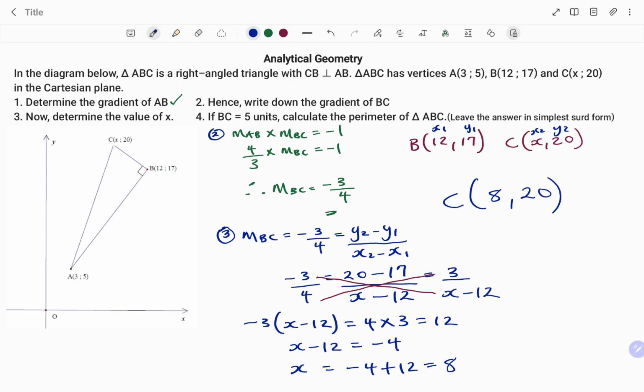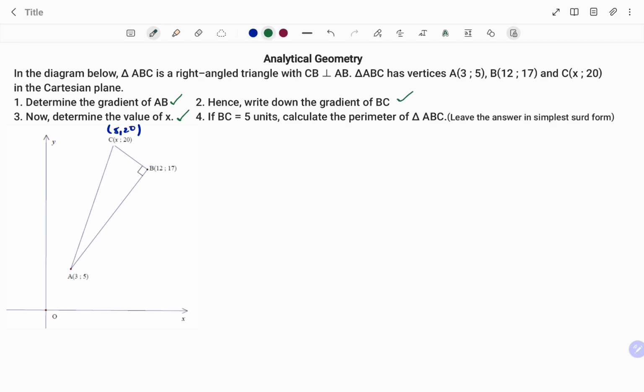Let's go to the fourth part of the question, which says if the line BC equals 5 units, calculate the perimeter of triangle ABC. Before I'm able to calculate the perimeter of triangle ABC, I need to find all the sides, AC and the side AB.